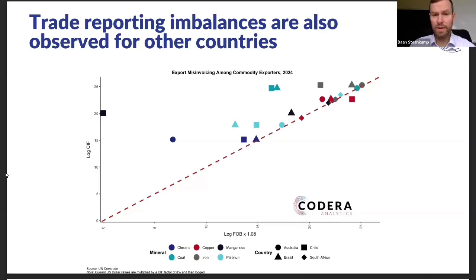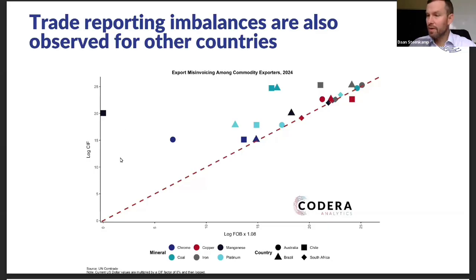So what we show is that you'd expect every commodity to sit on the 45-degree line if there was no misinvoicing or no data measurement issues. You can see that there is potential trade misinvoicing for several of the commodities for several of these countries. You can see that they lie above the 45-degree line, although there are several that lie more or less completely on the 45-degree line.